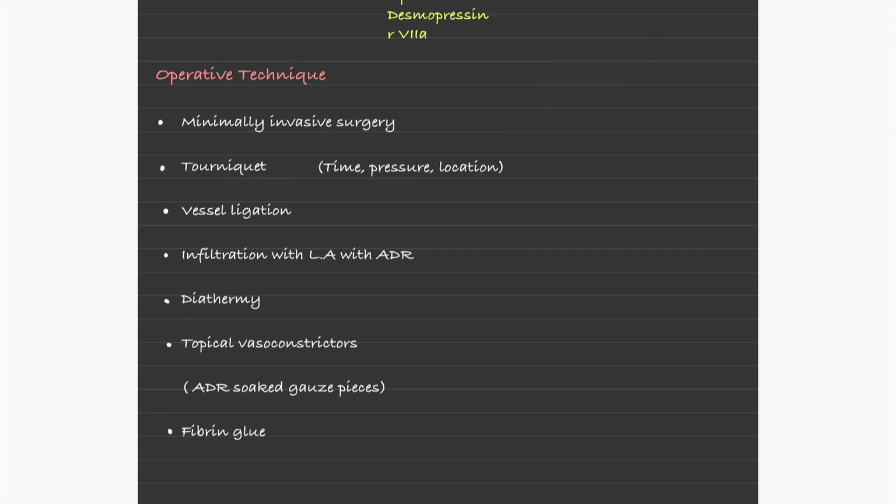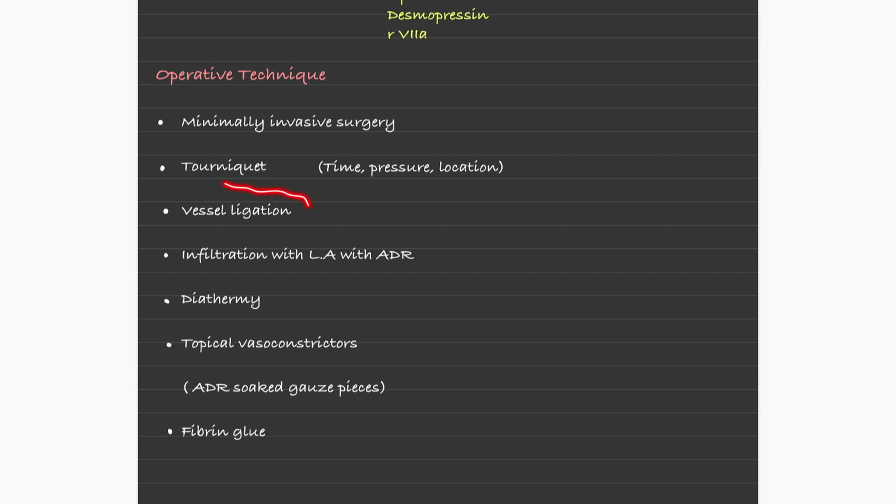We can ask the surgeon to use a tourniquet, and we have to note the time, pressure and location of the tourniquet. Usually the pressure of the tourniquet is 50 to 100 mm of Hg above systolic BP, and we have to note the time. It is usually allowable for approximately 90 minutes for upper limb and 120 minutes for lower limb.